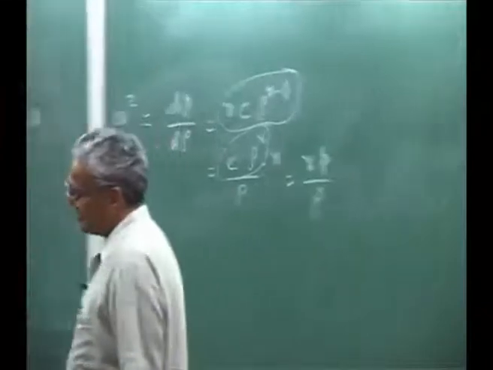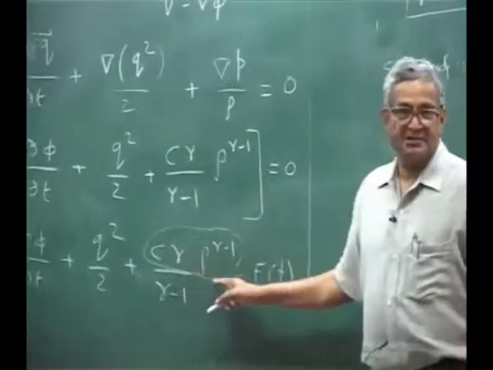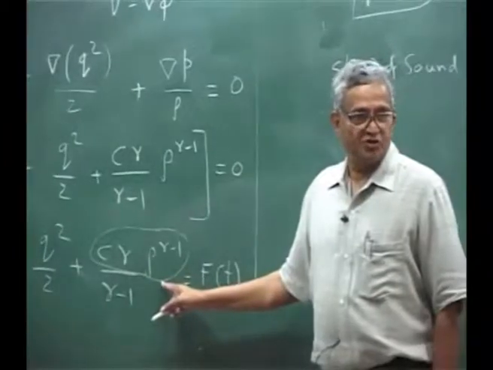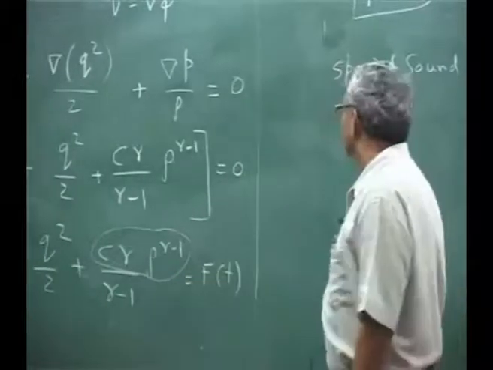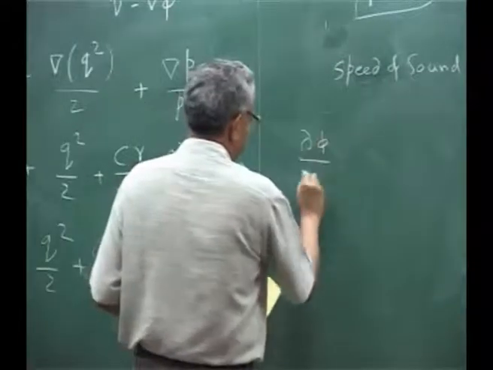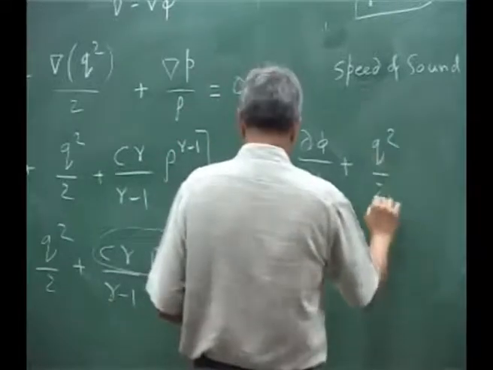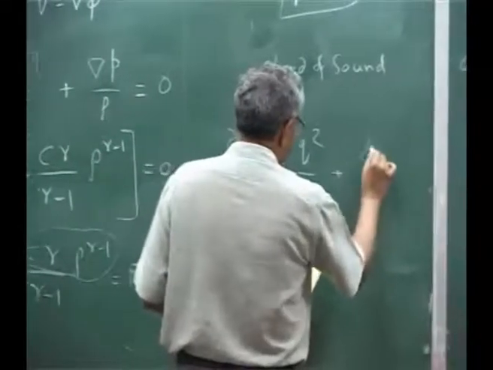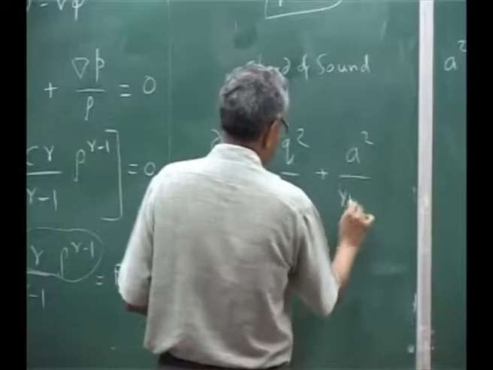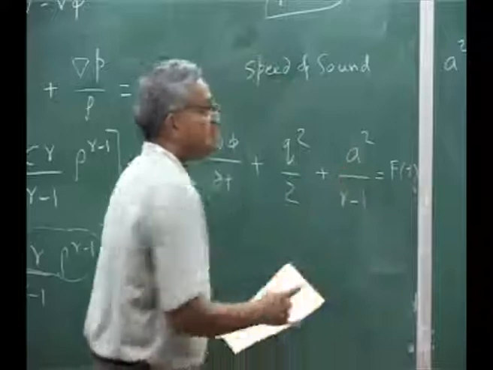Now if you come back here, this is nothing but speed of sound square. So you will have your equation delta phi over delta t plus q square over 2 plus a square over gamma minus 1 equals f of t, where a is the speed of sound.